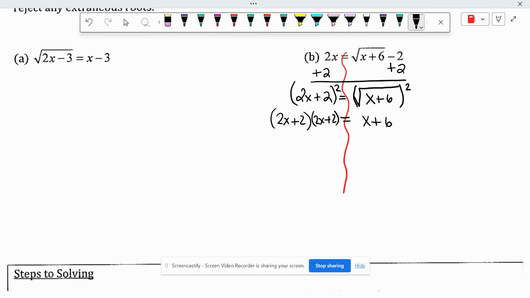Don't come at me and tell me that that equals 4x plus 4. 2x times 2x is 4x squared. 2x times 2 is 4x. 2 times 2x, 4x. 2 times 2, 4 equals x plus 6. Combine your like terms. 4x squared plus 8x plus 4 equals x plus 6. What are we going to do next?